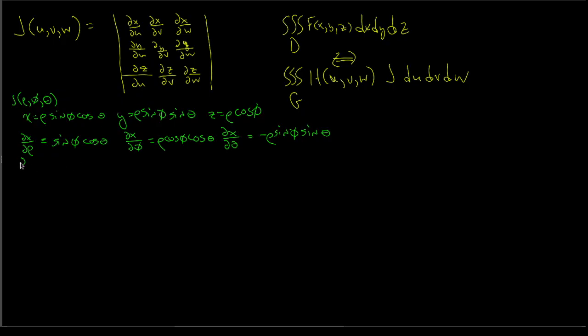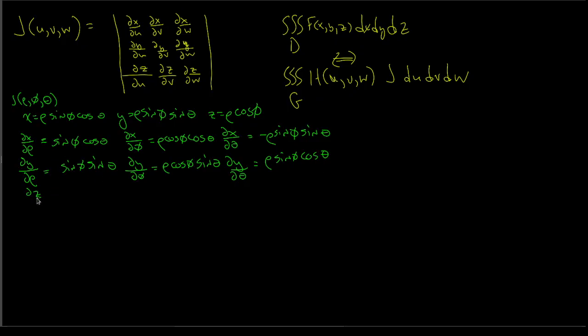Let's look at y. With respect to rho is sine phi sine theta. Y with respect to phi is rho cosine phi sine theta. And y with respect to theta is rho sine phi cosine theta.